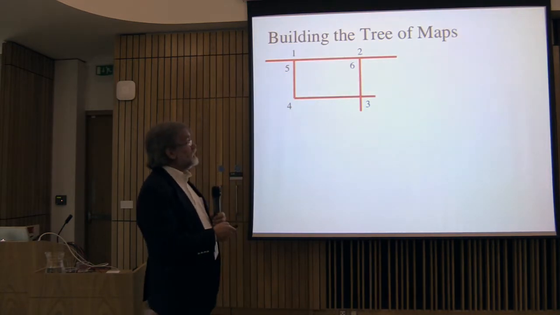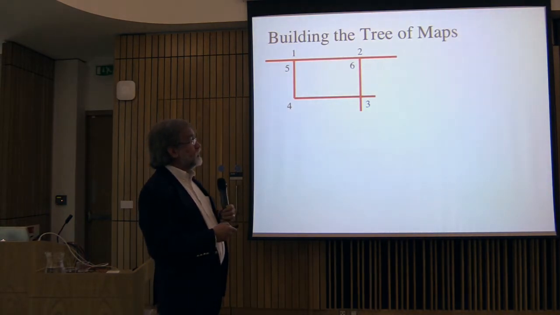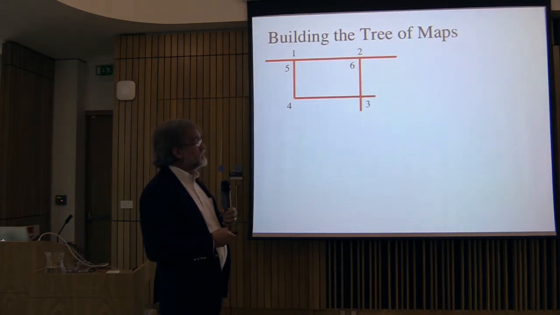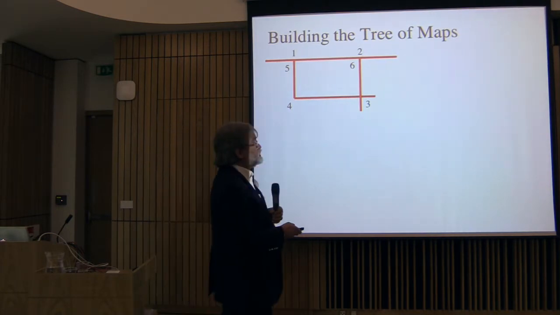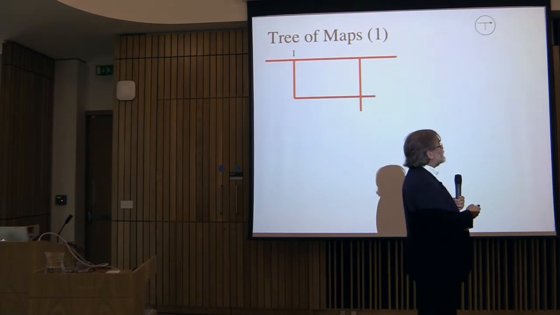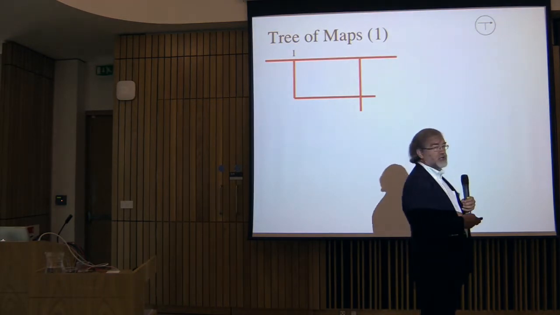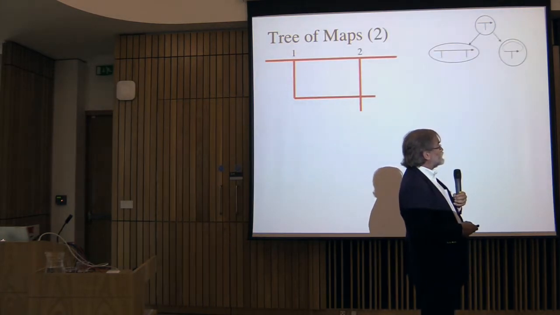So imagine here, we're traveling through this environment in this sequence. And so the local topology is identifying the T intersections, the plus intersection, the L intersection. So when you show up at place 1, you see a T intersection, and so this is what your map looks like. No problem. So now we're going to head over here and we're going to observe another T intersection.